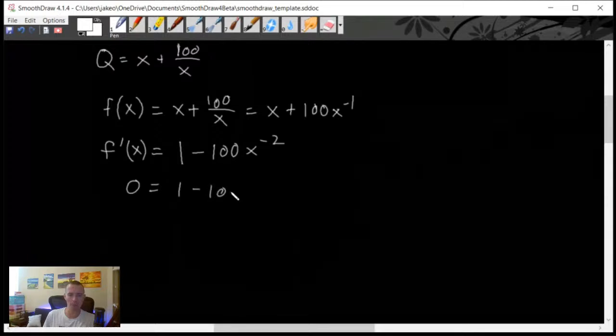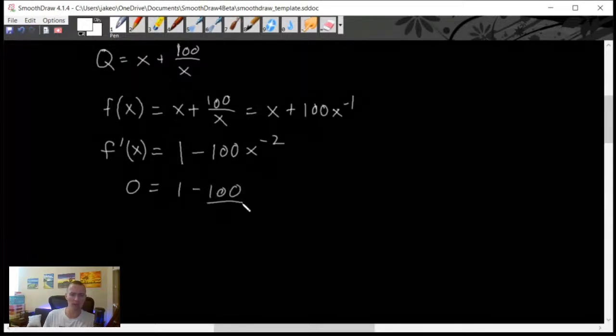And now at this point, I am going to switch this back to 100 over x squared, because now that we've taken the derivative, this algebraically is going to be an easier equation to actually solve for x. So to get x all by itself now, we can subtract 1 from both sides.